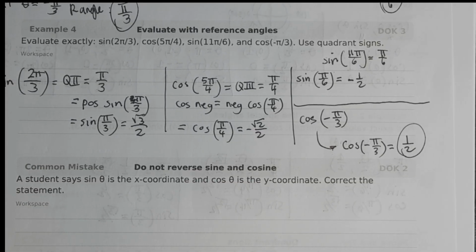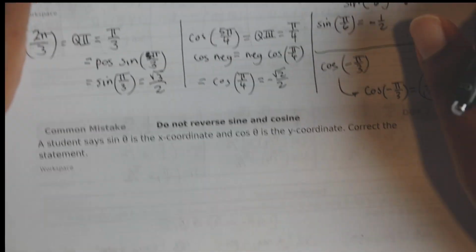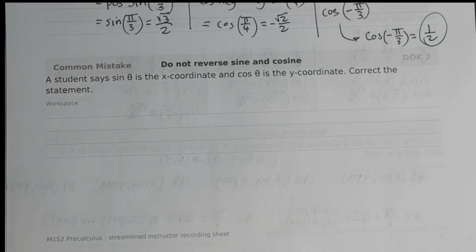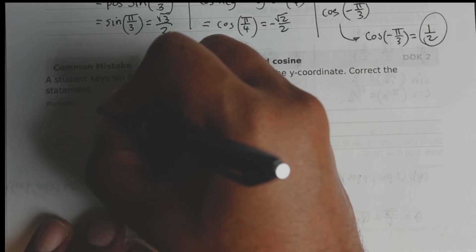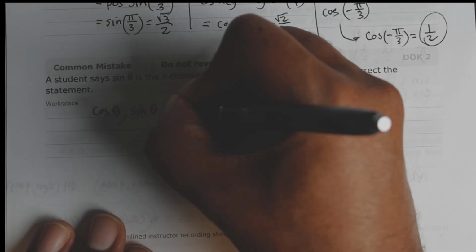Now, a common mistake: a student says sine theta is the x coordinate and cosine theta is the y coordinate. Correct the statement. The student reversed the coordinates. On the unit circle, a point is always written as cosine theta, sine theta.